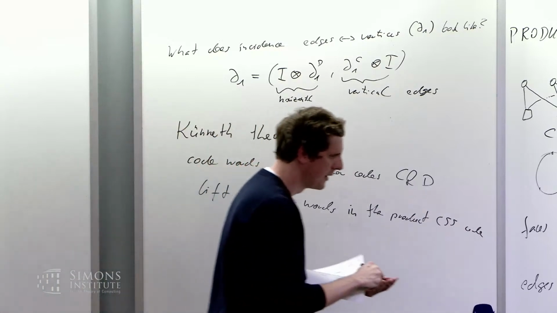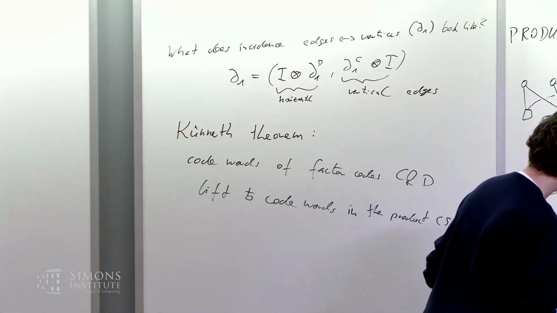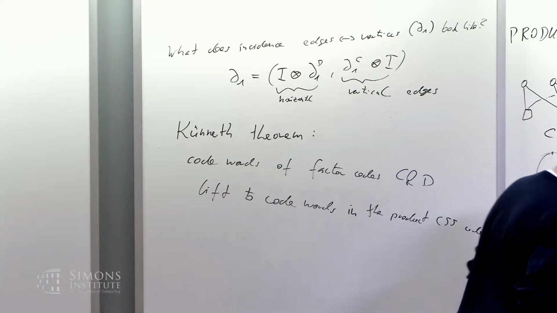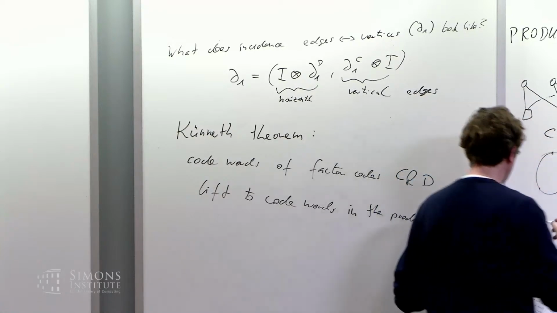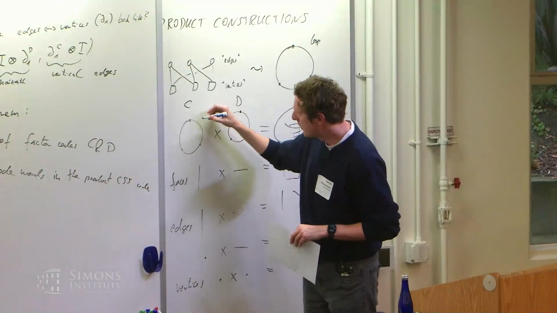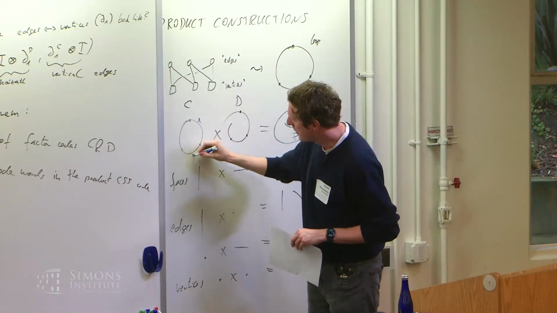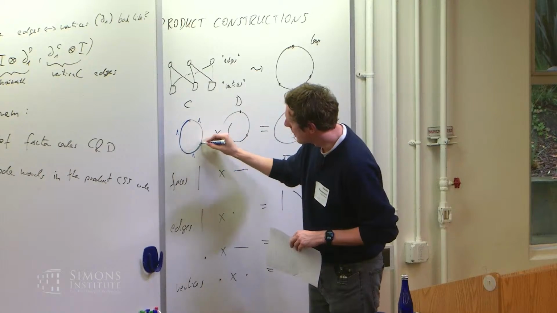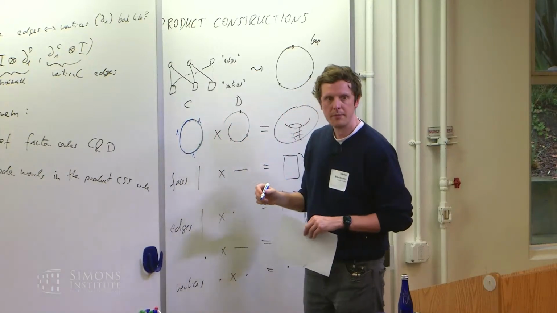Let me just draw it in this example. Let's say we draw our code word here, which is non-trivial. Let's say 1, 1, 1. Let me highlight the edges. Highlight this 1 here.